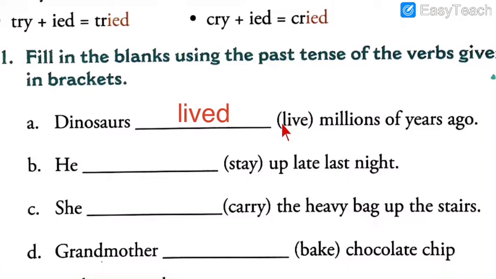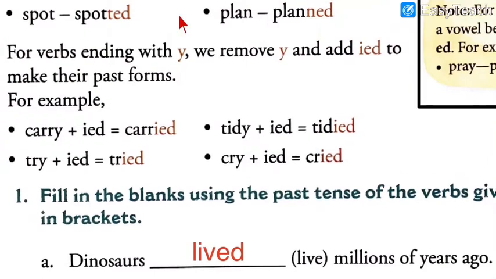So that was the rule we understood. He ___ up late last night. Now this verb is ending with Y. So if any verb is ending with Y, do we add IED compulsorily?